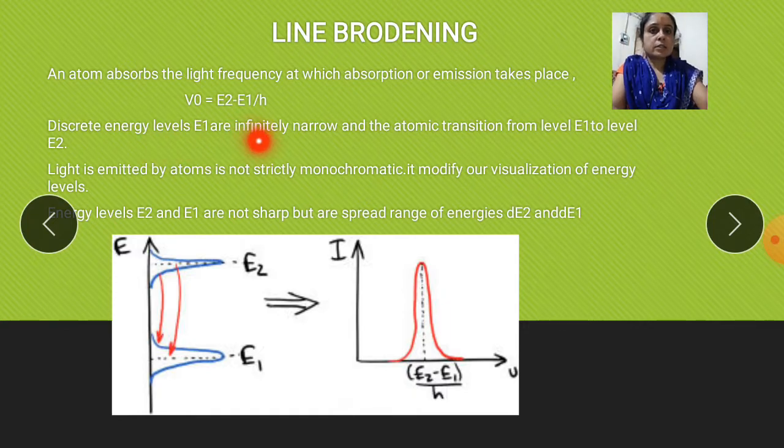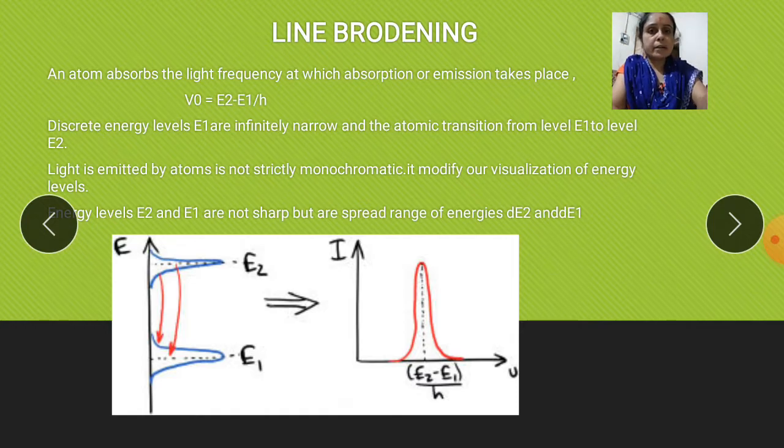Discrete energy levels are infinitely narrow, and the atomic transition from level E1 to level E2 occurs at a single definite frequency nu0.